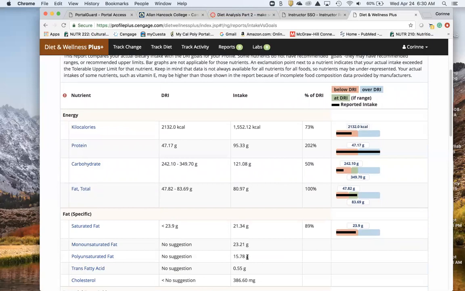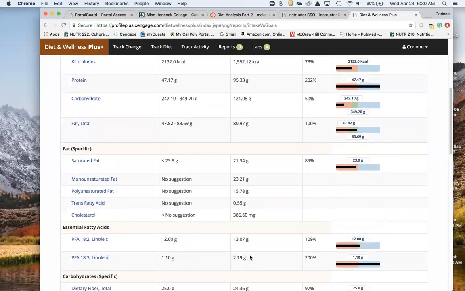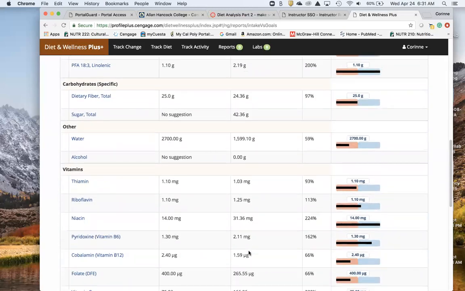It should be 23.9, and I did not get that. So I should probably have more polyunsaturated fats, maybe with more nuts, etc. Fiber, I almost met my fiber goal. I don't know why I didn't, but my fiber goal was 25. I got 24.36, so I need to add a little more fiber. And water, even though I added water, I didn't eat that.